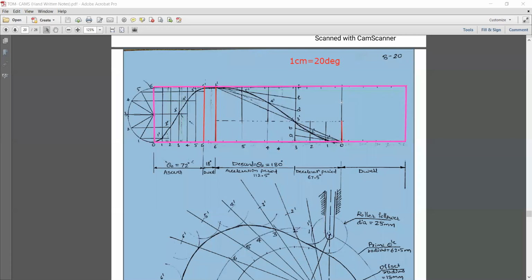From here to here, it is 180 degrees. You can see here, ascent is 72 degrees, descent is 180 degrees, and this is 80 degrees.